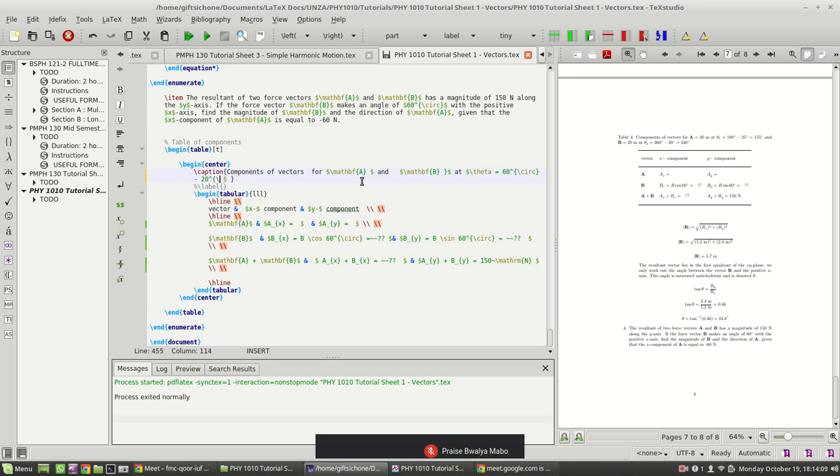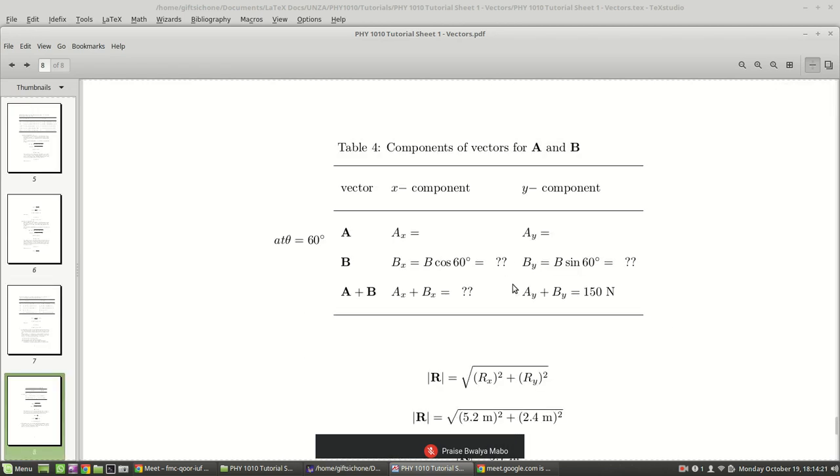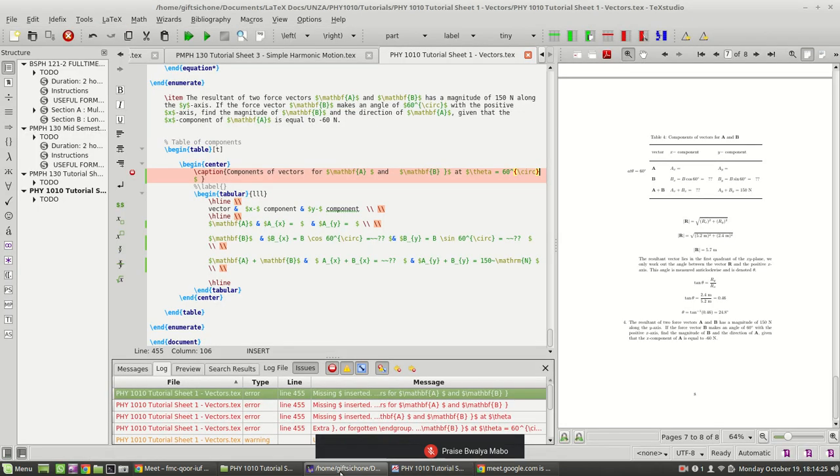Just a minute. So here, we know that B makes an angle of 60 degrees. Oh, why is that showing like this?